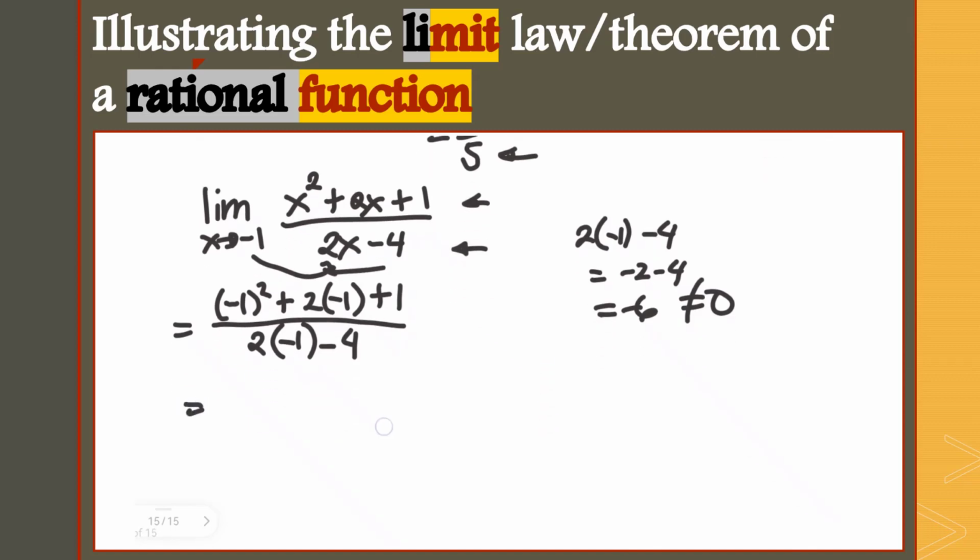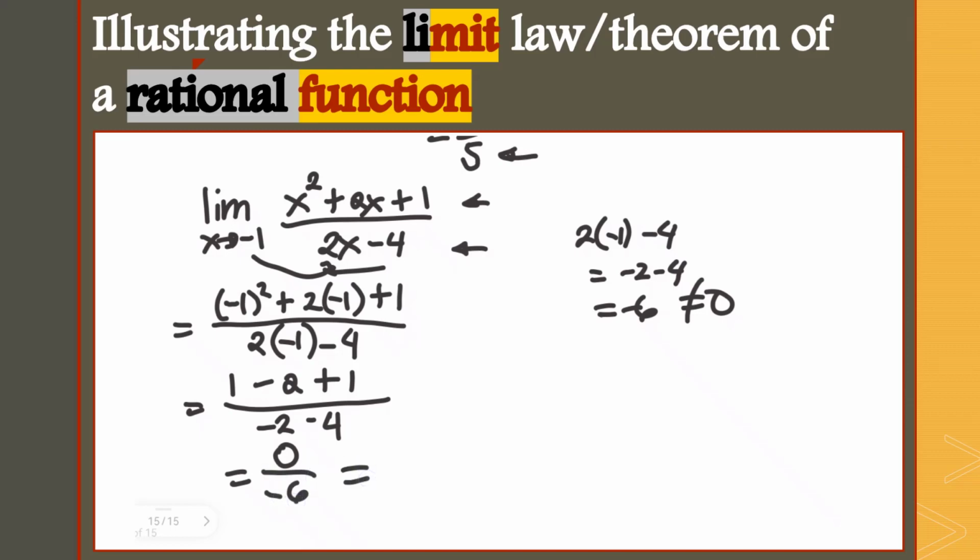So the square of negative 1 is 1, minus 2, plus 1, over negative 2 minus 4. Our numerator is 0 over negative 6.